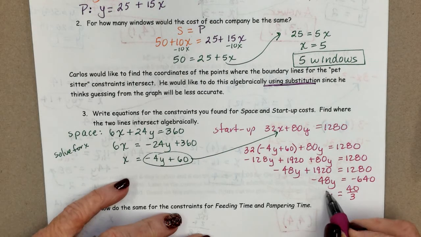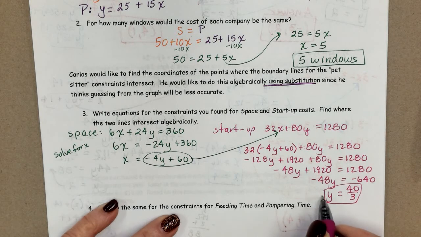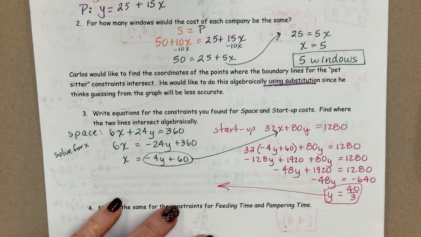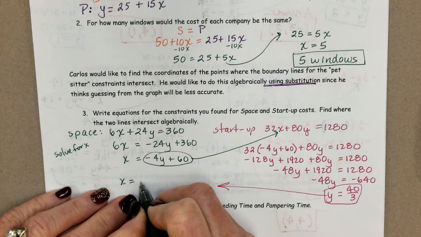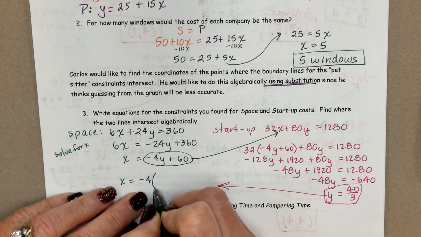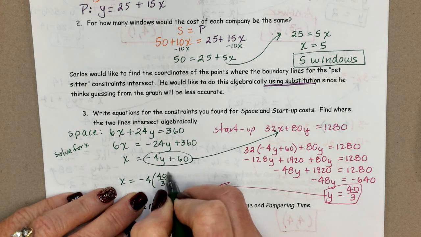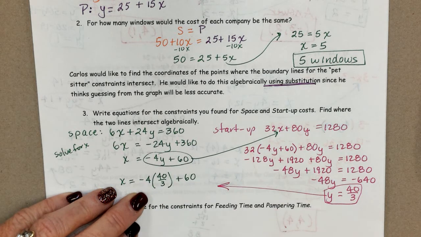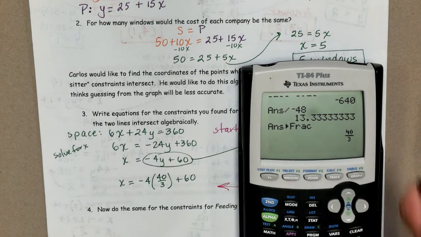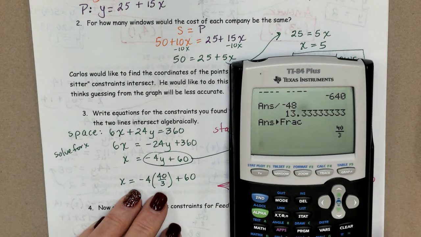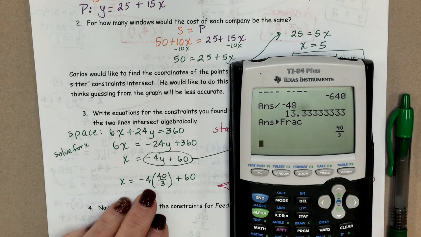All right, now once we have this, then we got to take it back over here and figure out what the x is. So we're going to have x equals negative 4 times 40 over 3 plus a 60. I do want to do this on a calculator because I want to save some time here. So we'll just type this in as it's written.